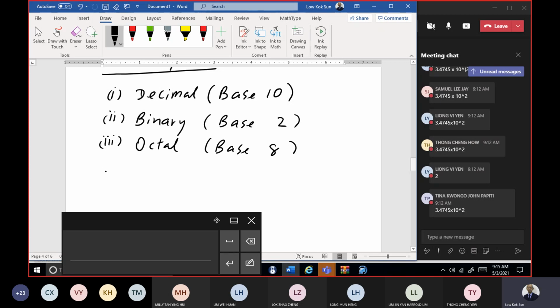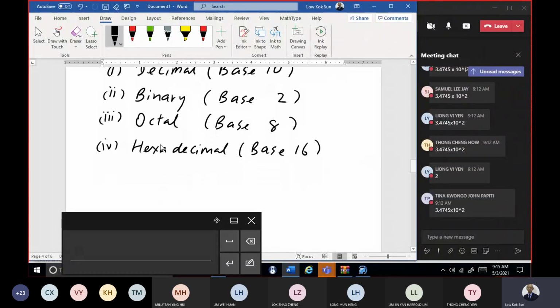In modern usage, we are more computer inclined, so we use base 2 and 8 and also 16. So you got hexadecimal, base 16. We want to discuss all this because they are all related.